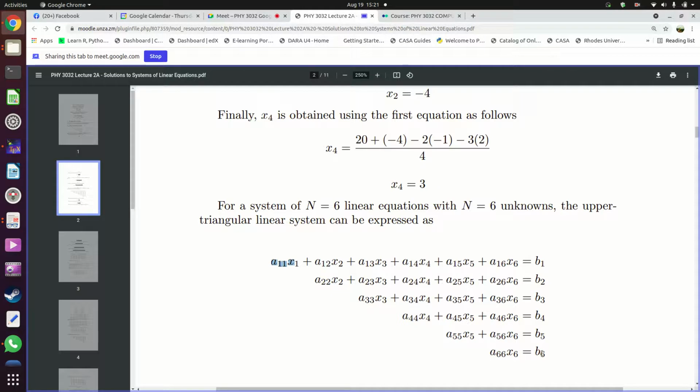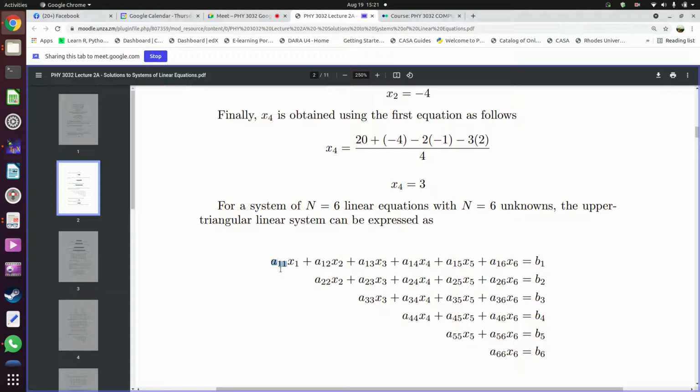One of the things you notice, which I have done without explaining anything to you, is how I have written the coefficients, the a. I've not just written a, I've written it as a11. The reason why it's written like this is because it's possible to write your system of linear equations in terms of matrices.